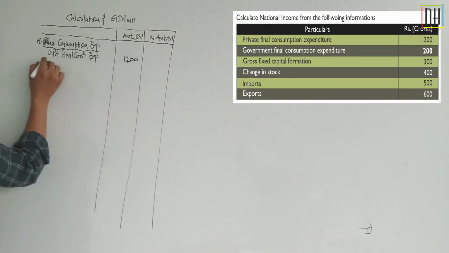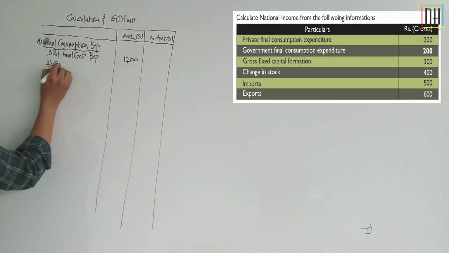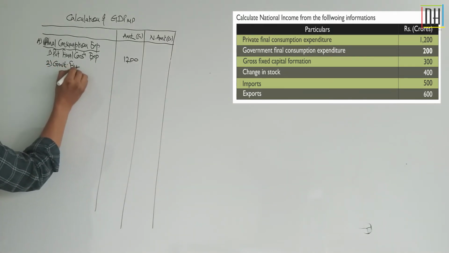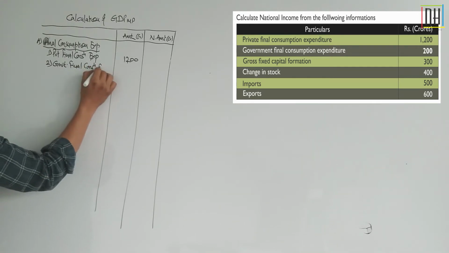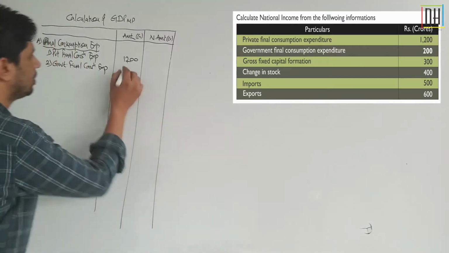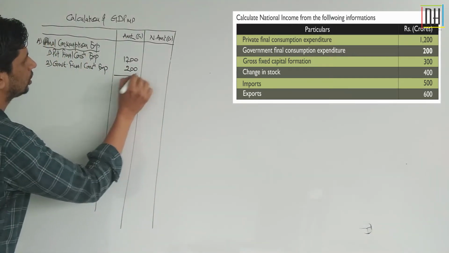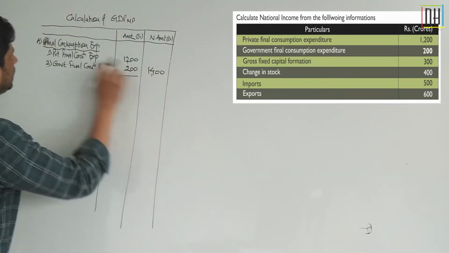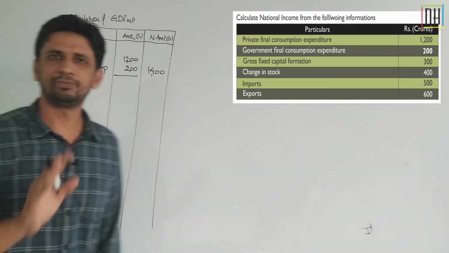We are writing it in the amount column. Number two, government final consumption expenditure is rupees 200. So total is 1,400. 1,400 is our final consumption expenditure.